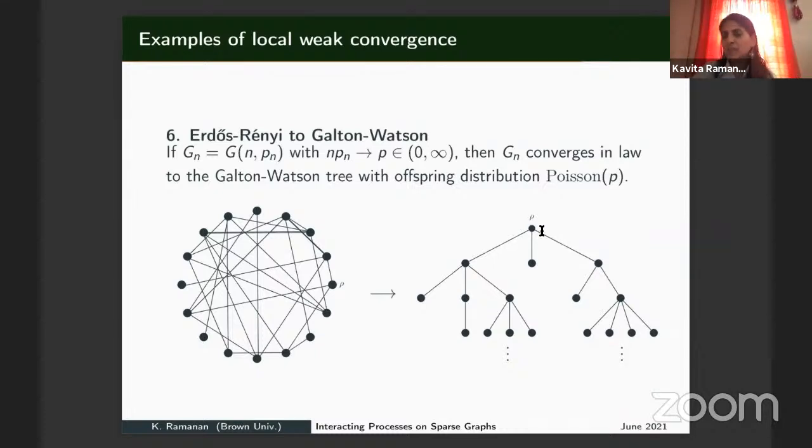But there are some cases where even if you take random roots with a different distribution, you may still get trees, but you have to be more careful. Here I'm always going to assume that we're choosing the root uniformly at random, because if you go back to our result, we want to understand what a typical vertex is doing. So it's natural not to bias any vertex, because everything is homogeneous, for simplicity. Yes? Okay.